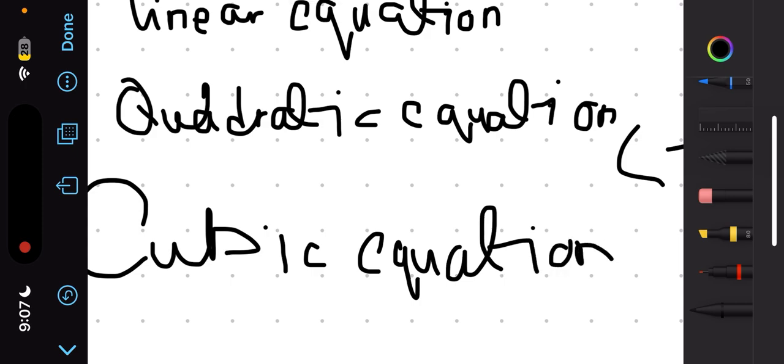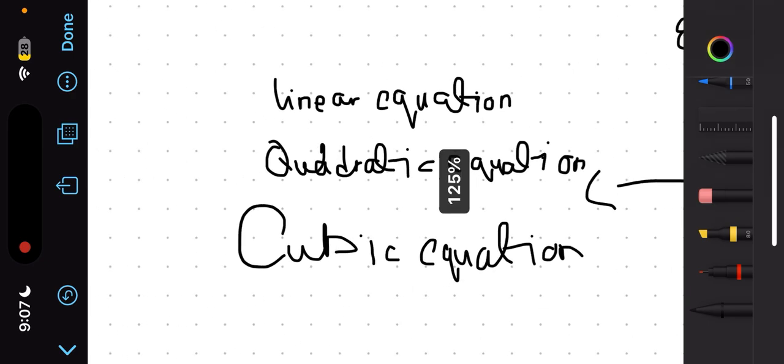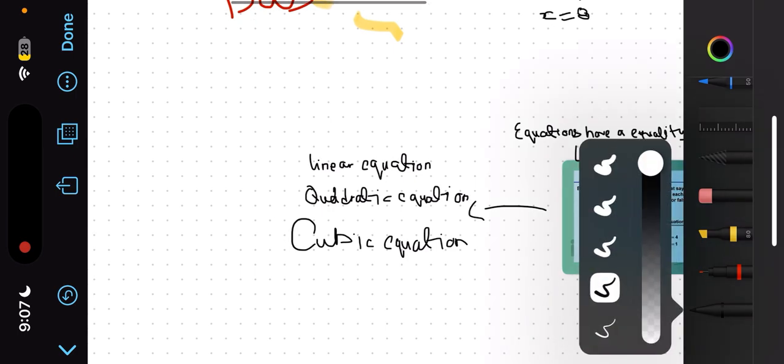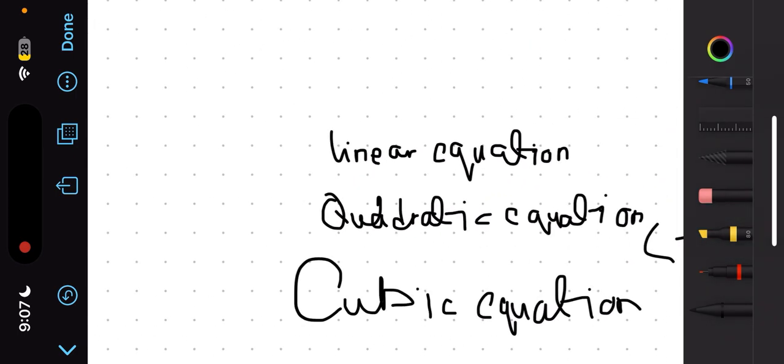There are 3 types, as I've told: quadratic, linear, and cubic. I will be explaining it. Okay, linear.